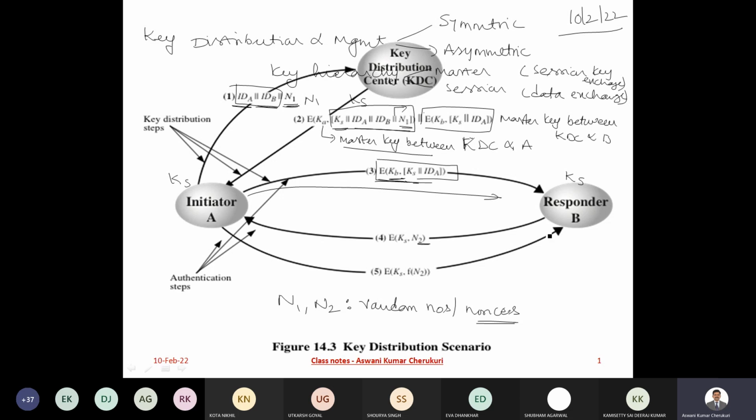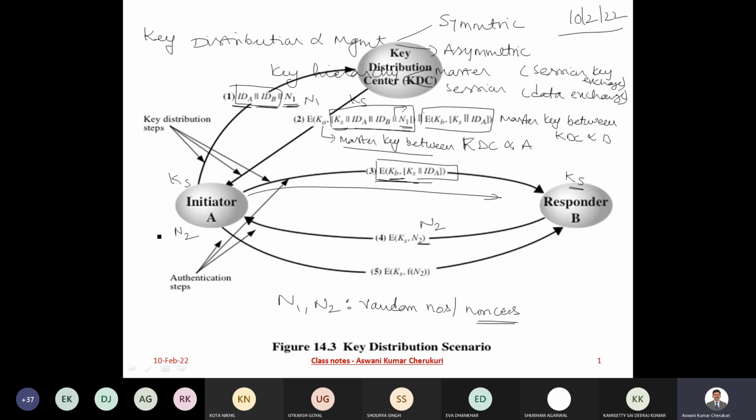Now there is a fourth step. B took the session key it has received, encrypted a random number called N2, which is a random nonce, and sent it to A. A decrypts this communication because KS is already with A. Once A decrypts this fourth step, A gets N2.